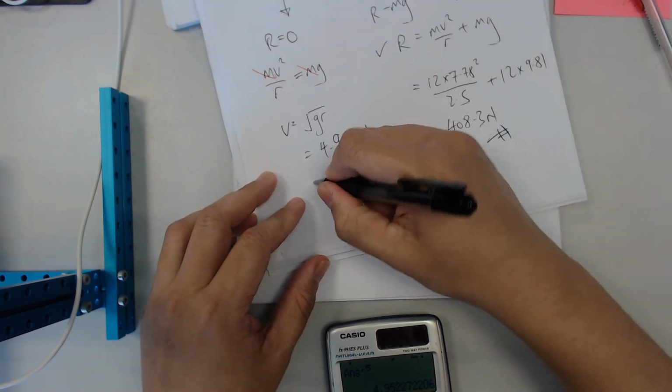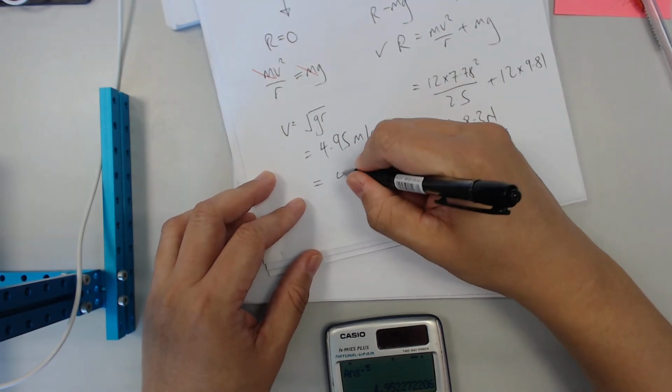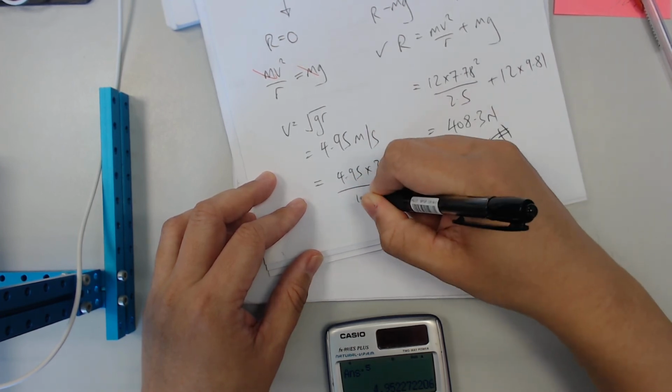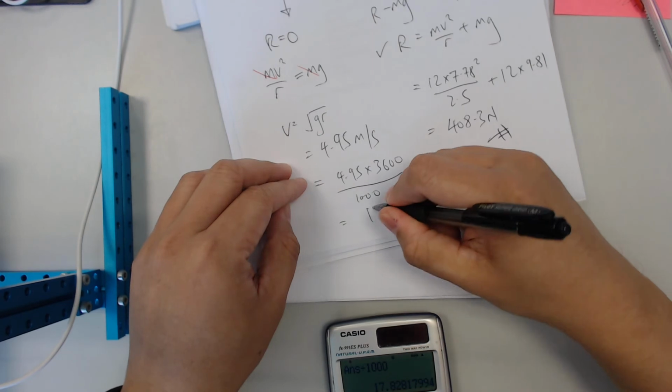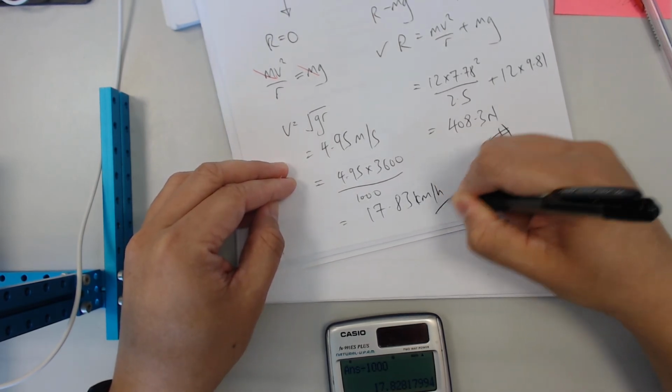In kilometers an hour, it would be 4.95 times 3600 over 1000, which is 17.83 kilometers an hour.